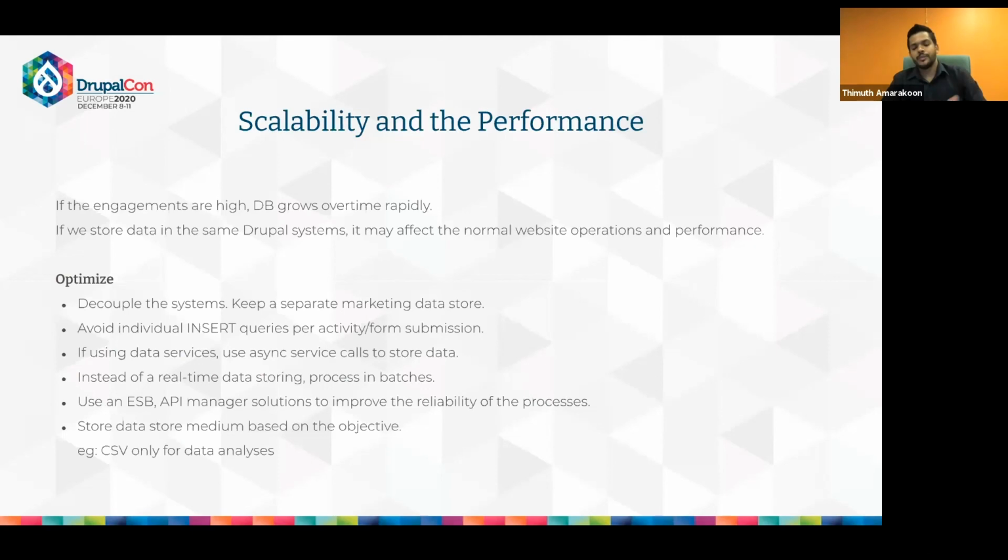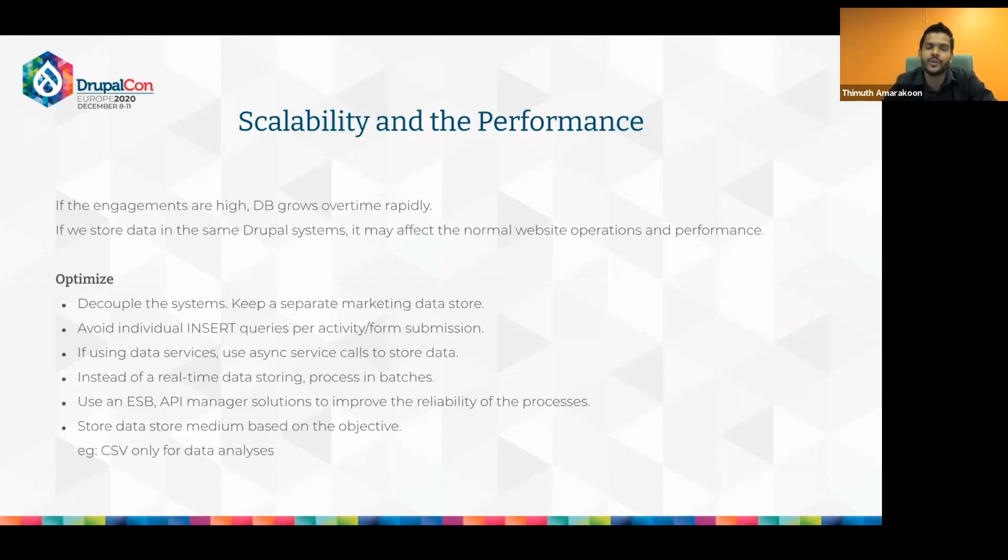But one thing to remember in this approach, just think about how many visits or how many engagements your website is getting. Maybe your website is getting like 500,000 visits per month, or maybe thousands of interactions, form submissions per week or per day.